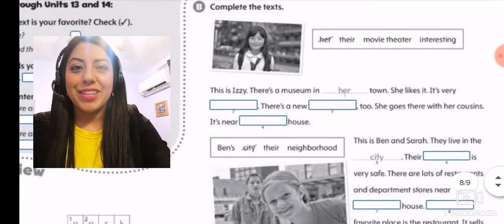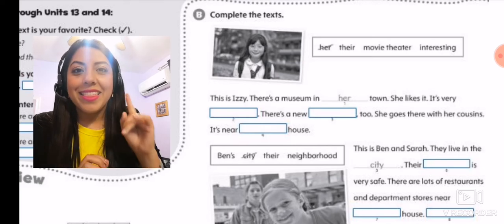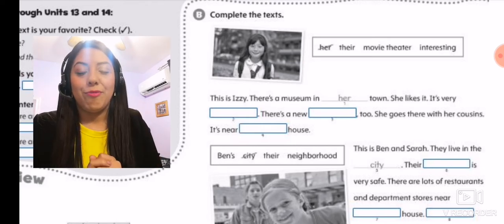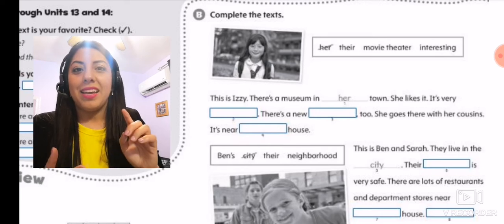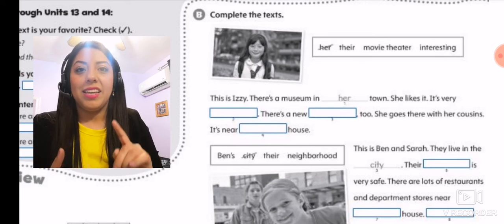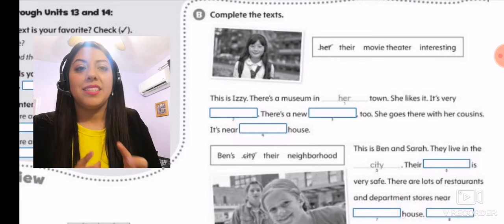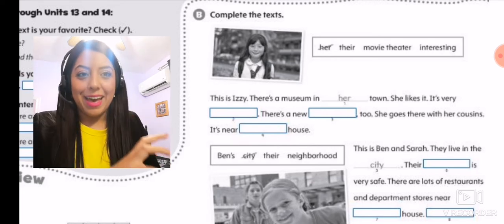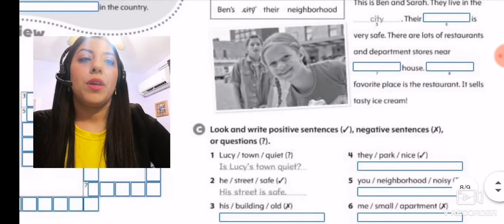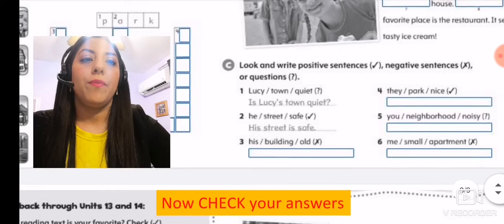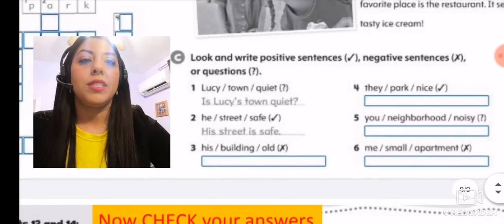The answer is movie theater. It's near their house. Remember the possessive adjective? My, his, her. Well, in this case, it's near their house. Yes? Now, you can continue by yourself, and then you're gonna go to section letter C.